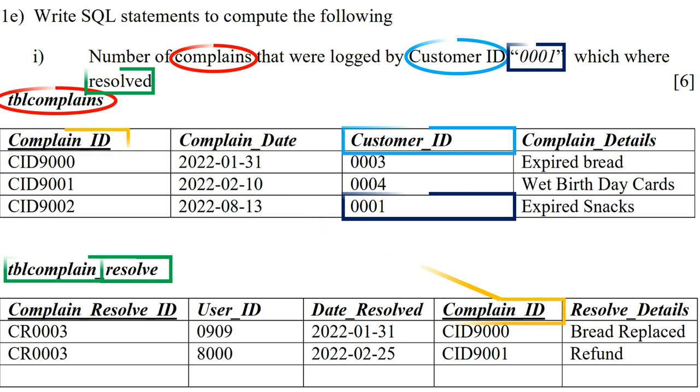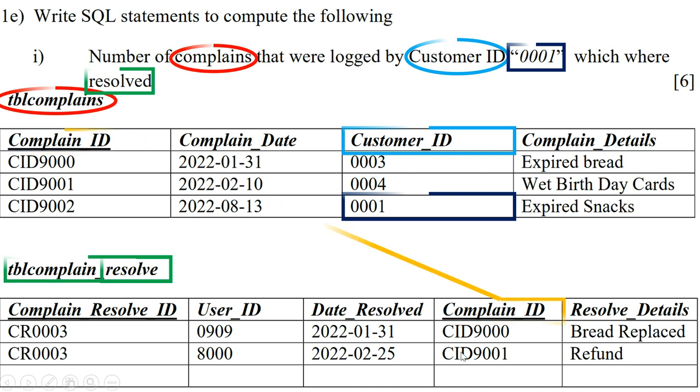Because CID 9000 was resolved, which is what we are looking for, but was it lodged by the customer with customer ID 0001? Then we see that here CID 9000 was lodged by the client with customer ID 0003, which means we are not counting this one.